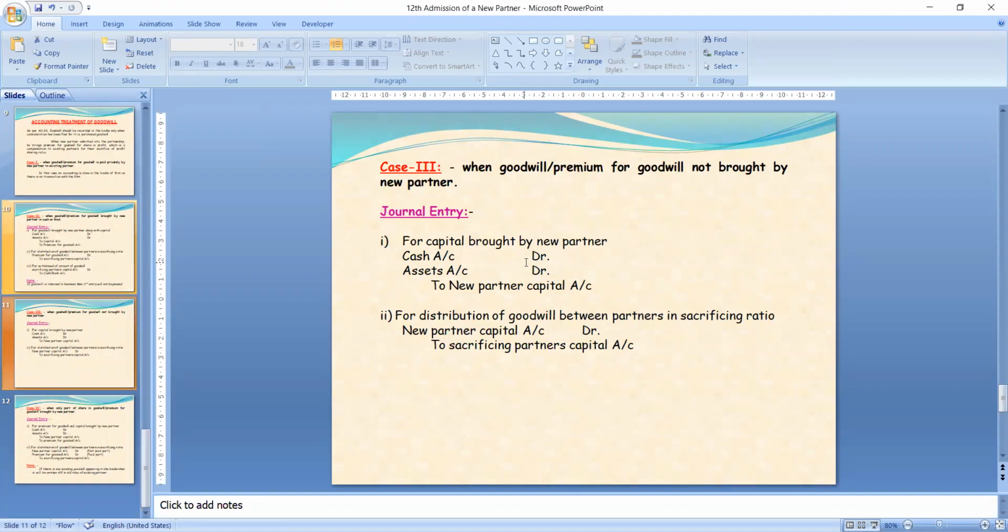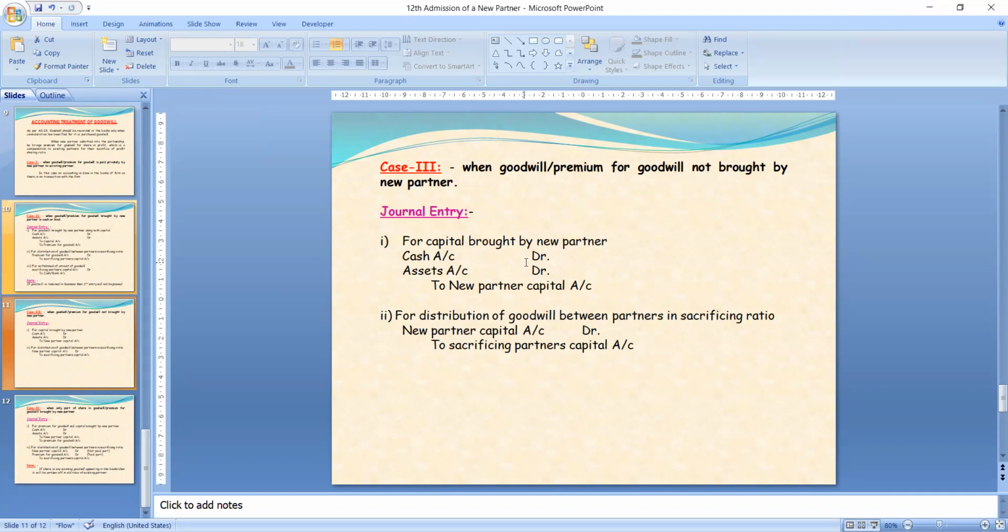So in this case, C is bringing 30,000 as capital, and the share of goodwill for C was 25,000, because 1 lakh was the value of goodwill for the firm and we multiplied by 1/4, so we get 25,000.